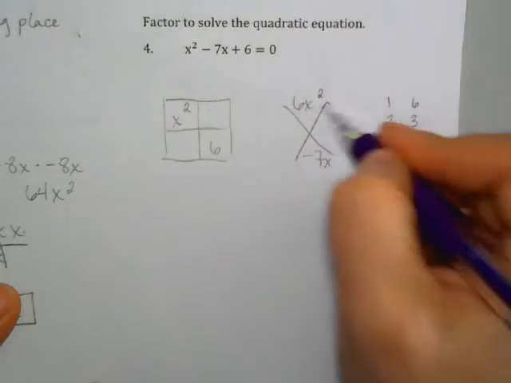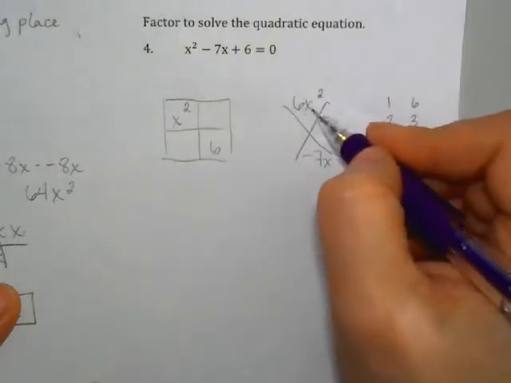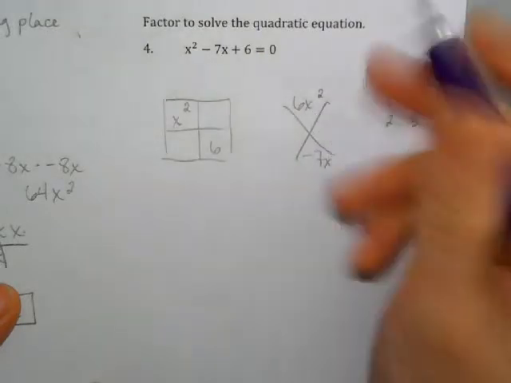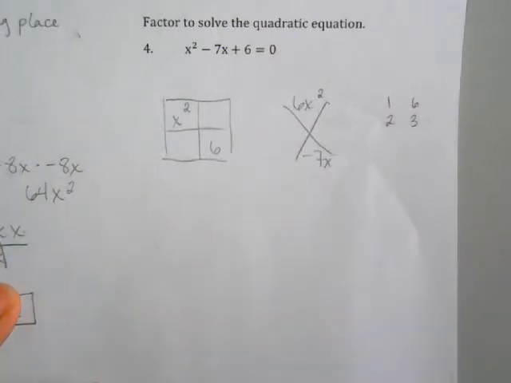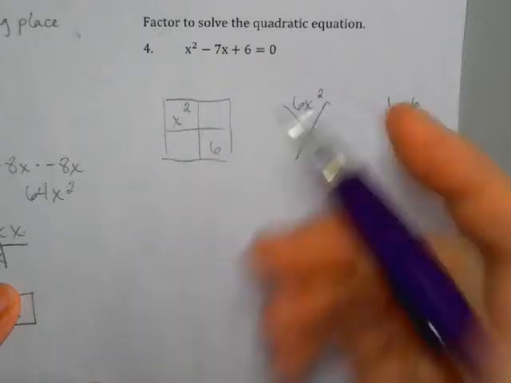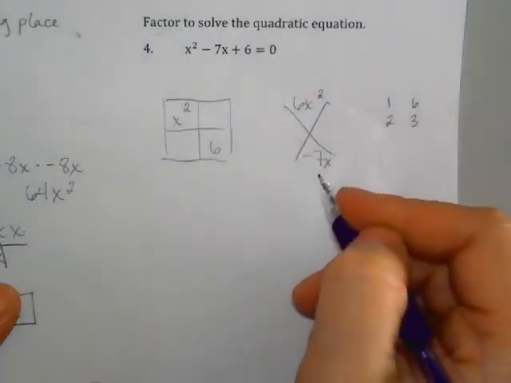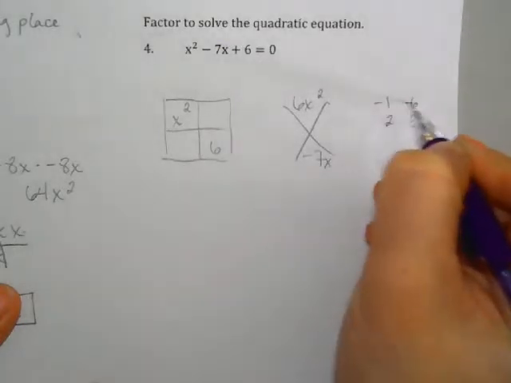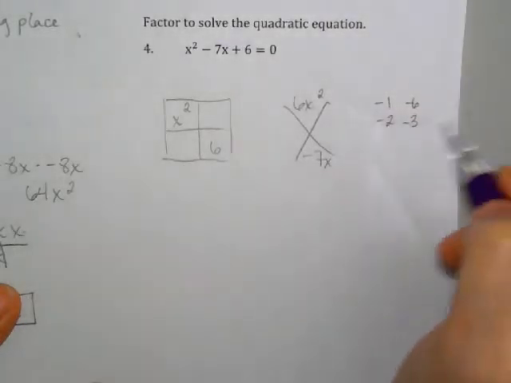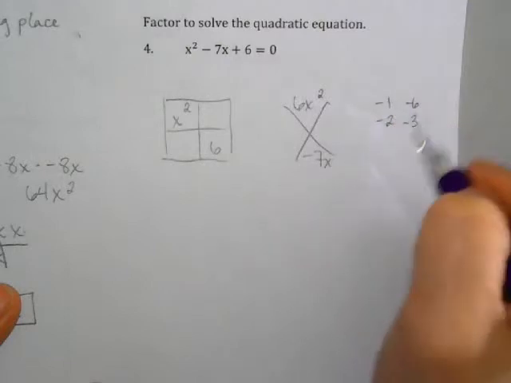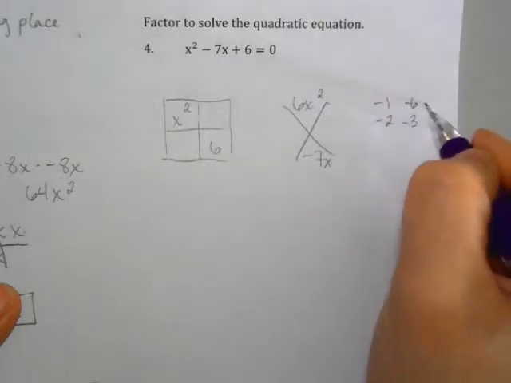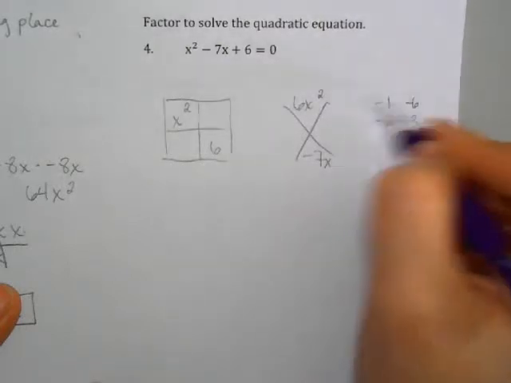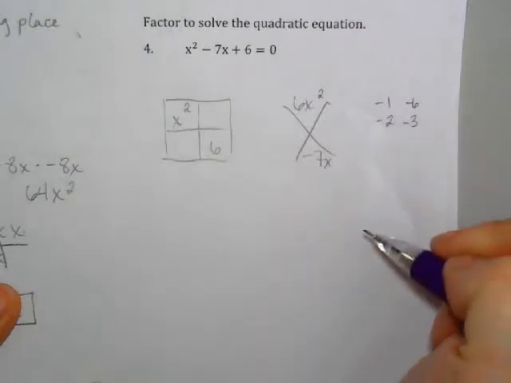If our top number is positive, that means they are either both negative or both positive, because a positive and a positive multiply together to give you a positive, as well as a negative and a negative. So if the bottom number is negative, they both need to be negative. So then which pair works? Negative 1 and negative 6, because those are going to add together to give me negative 7.